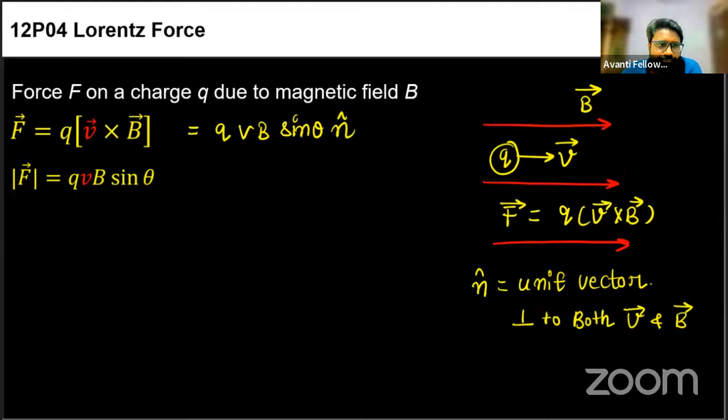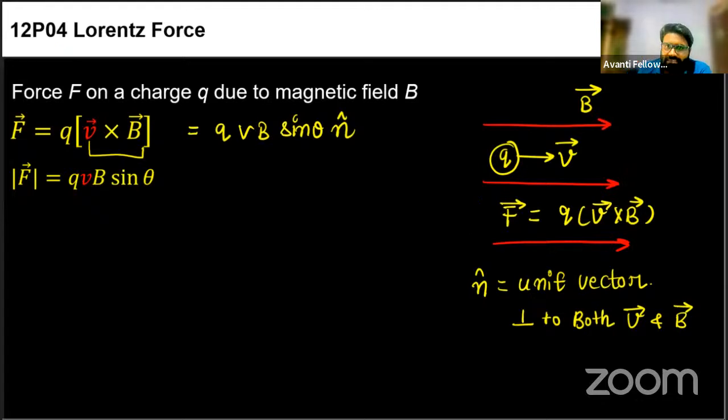ठीक है? नाउ अगर कोई भी दो प्लेनर हो गए, मतलब वेलोसिटी भी B के प्लेन में आ गई, या फोर्स B के प्लेन में आ गया, या फोर्स वेलोसिटी के प्लेन में आ गया, so in that case what will happen? The angle between them will become zero. Sine zero will become zero. There is no force.